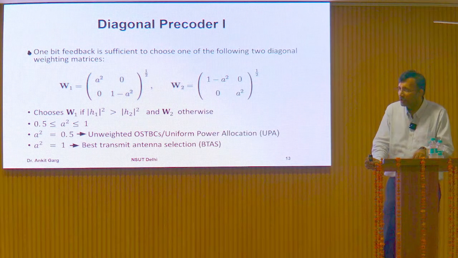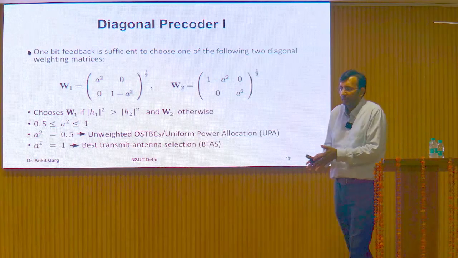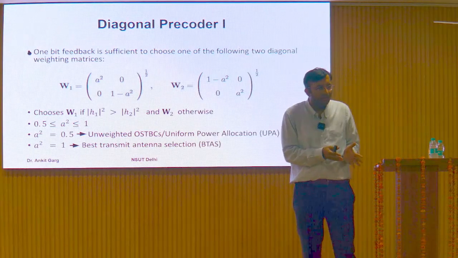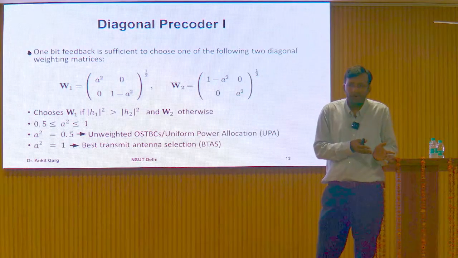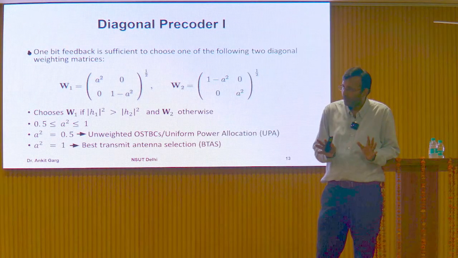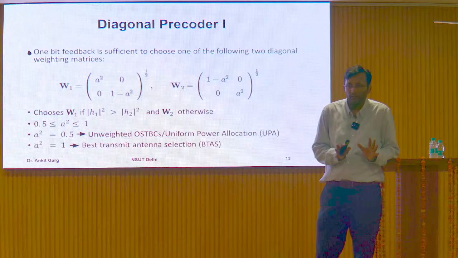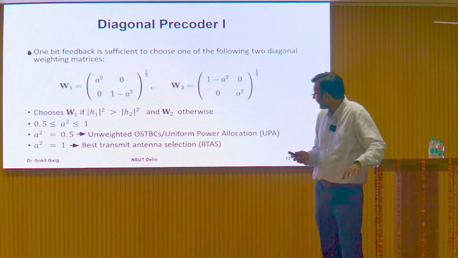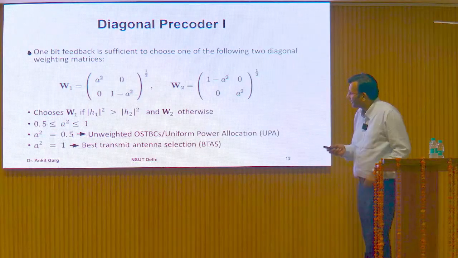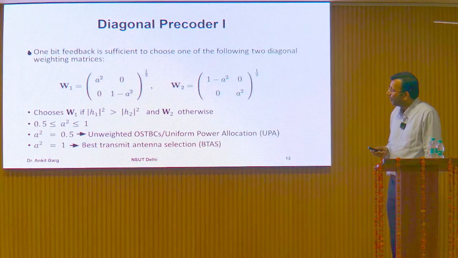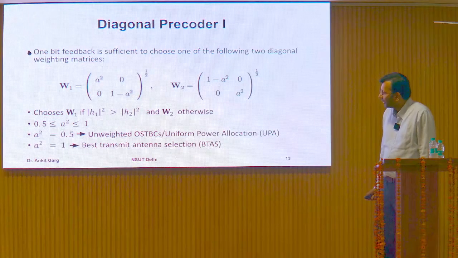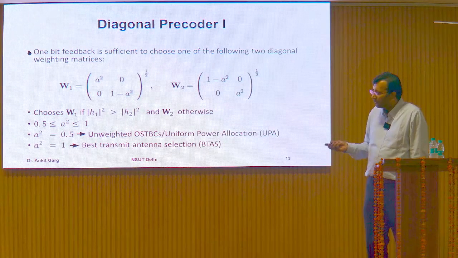If we completely shut down one channel and give the whole power to the single channel, and that channel is in a deep fade, it would not provide the desired communication performance, right? So the whole purpose here is to find out the optimum value of a square, right? So how do we find the optimum value of a square?